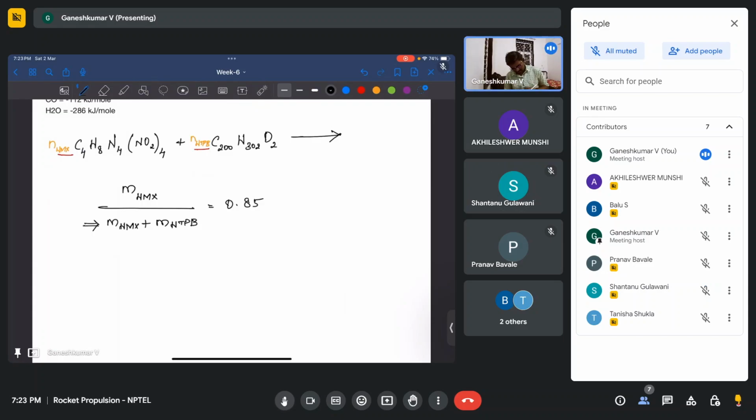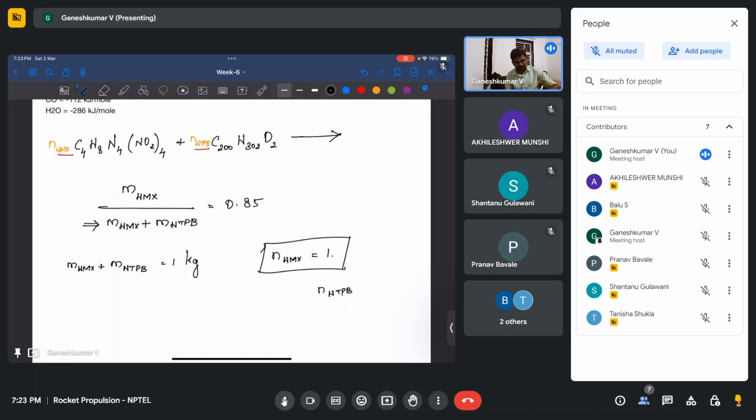We can assume the total mass of the propellant is 1 kg, so mass of HMX plus mass of HTPB is 1 kg. Or you can take the number of moles of HMX to be 1, and then find the number of moles of HTPB.